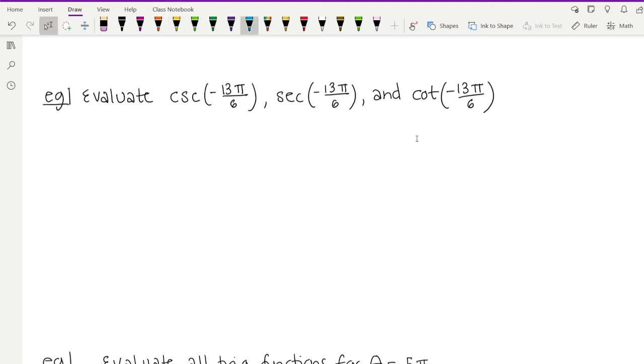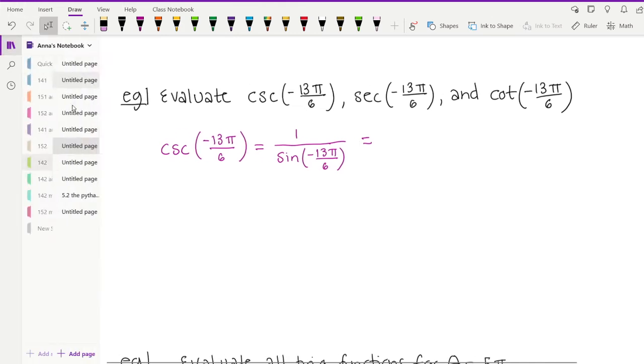So let's start with cosecant. So we know that cosecant of negative 13 pi over 6, the way that we're going to calculate that is we're just going to find 1 over sine of negative 13 pi over 6. Because that's the definition. That is what cosecant is.